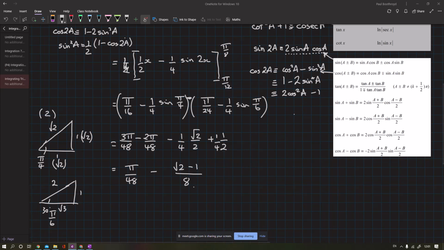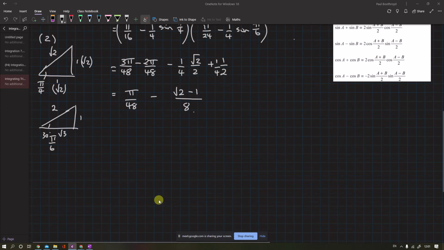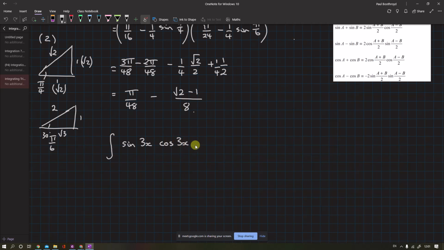Let's go for 2 others to try and use our angles. Notice they give us some clue, which can happen in an exam, but I wouldn't rely on it being there. So we want to integrate the sine of 3x cos 3x. And this is one where I'm going to do a couple of methods with it.